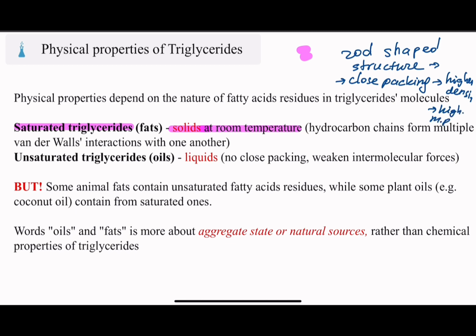That is the reasoning. Now, unsaturated triglycerides, they are liquids, no close packing, and they have weak intermolecular forces.